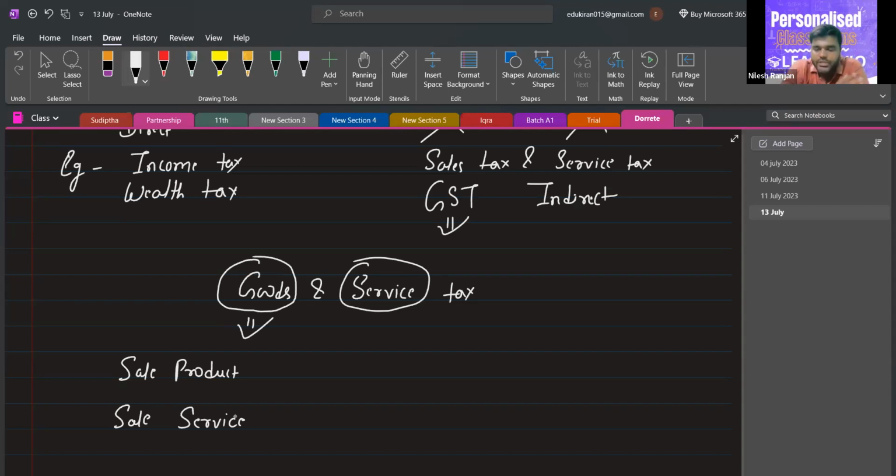What does service mean here? I don't know.